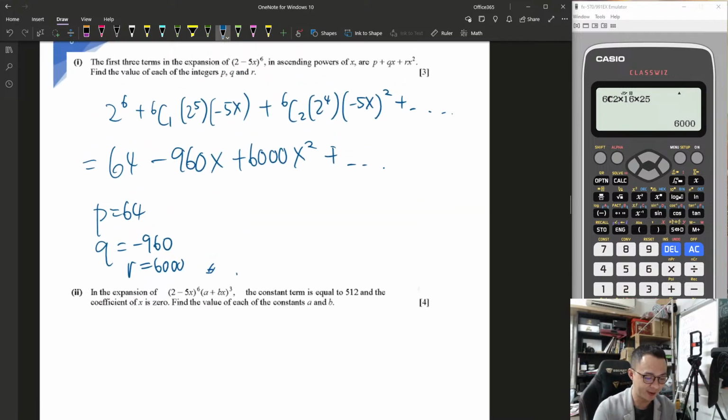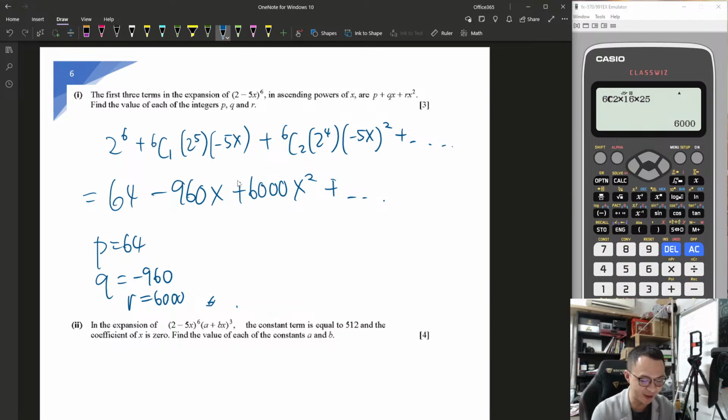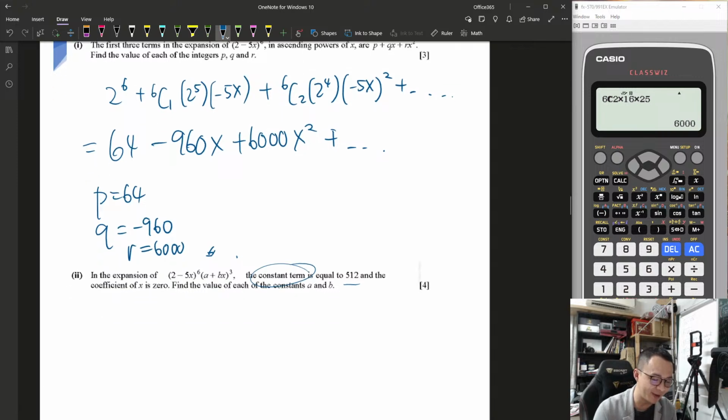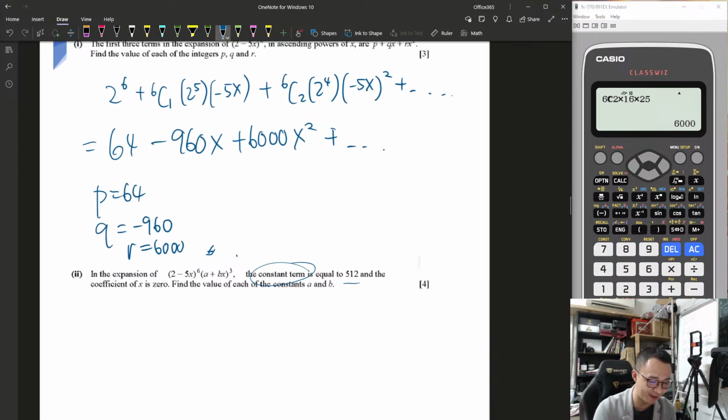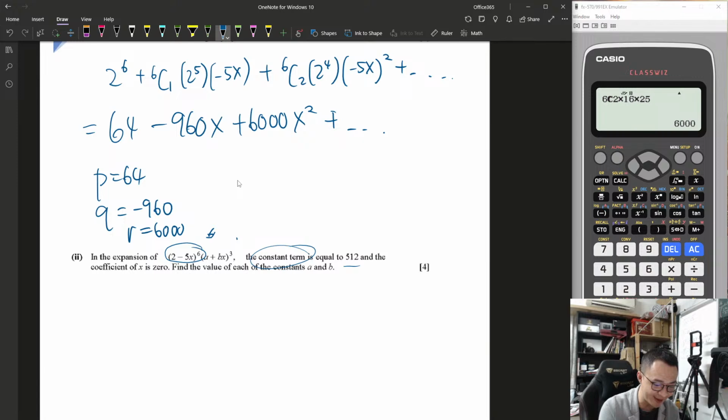Okay, so then in the expansion of this one, the constant term, another word for independent of x, they say the constant term is equal to 512. The coefficient of x is 0. Find the a and b. Since this is exactly the same as part 1, I copy the part 1 answer.